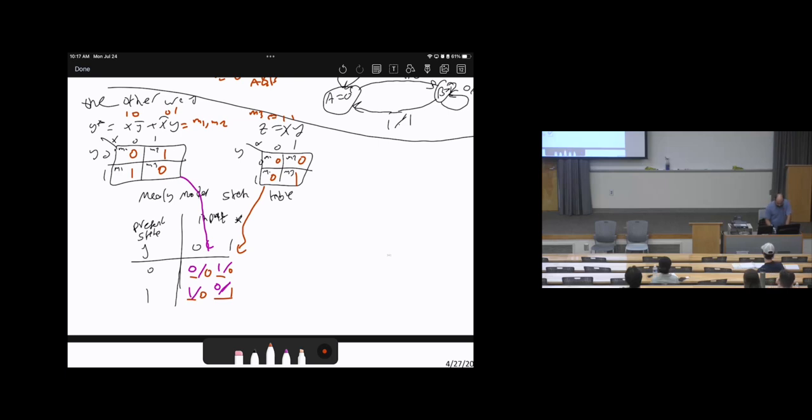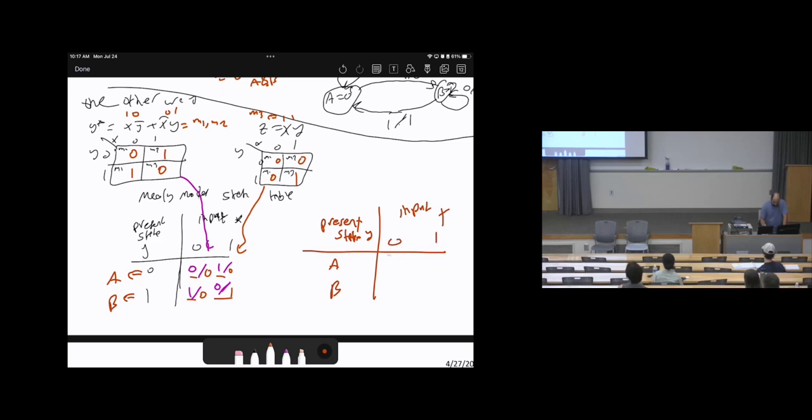Then later we can say this is state A, this is state B. So we can rewrite this as present state, this state A, this state B. Here are inputs. X here is 0, here is 1. Then instead of 0, we'll say A over 0. Here is B over 0. Here is B over 0.